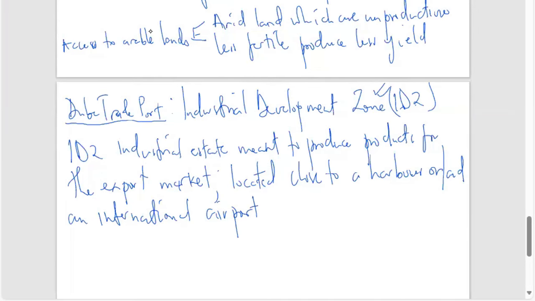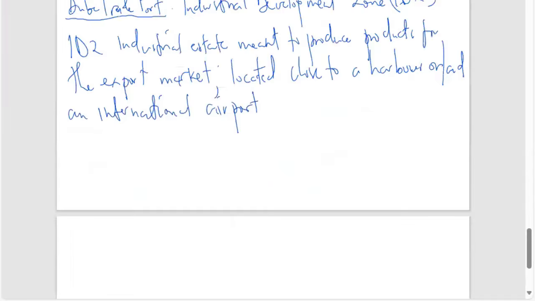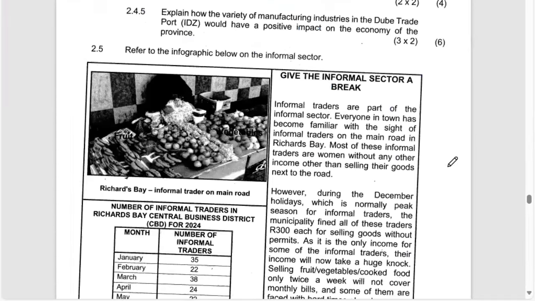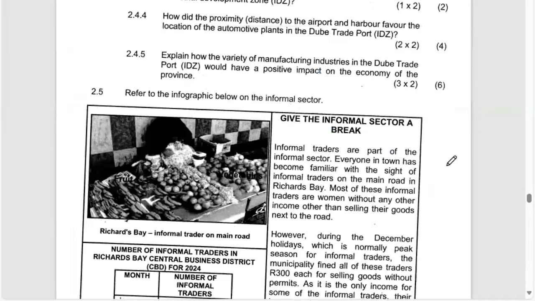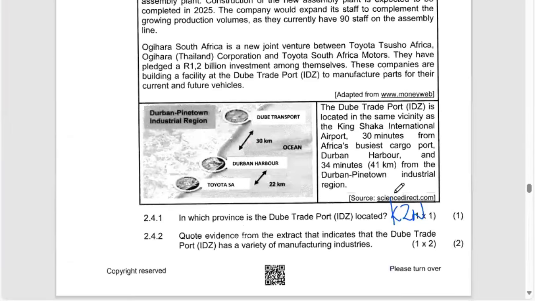How are they related to the Dube Trade Port? If we come here, it tells us that the Dube Trade Port is located in the same vicinity as the King Shaka International Airport, 30 minutes from Africa's busiest cargo port, the Durban Harbour.